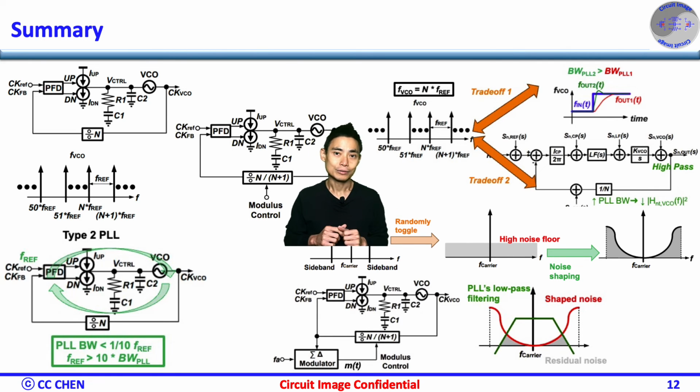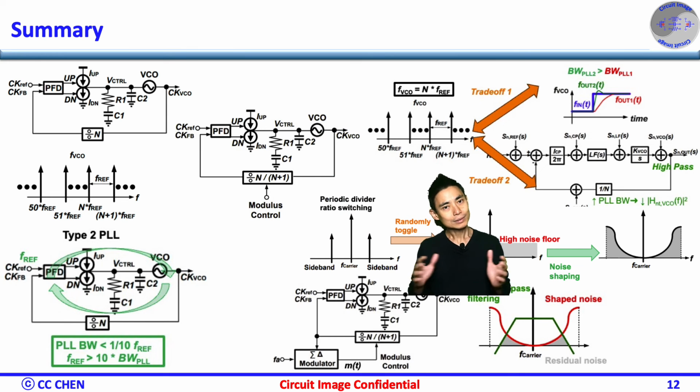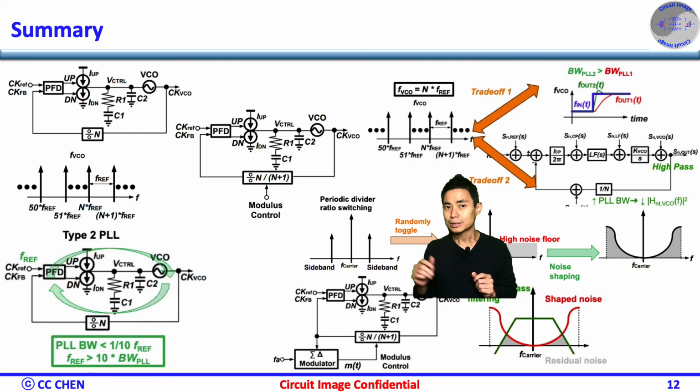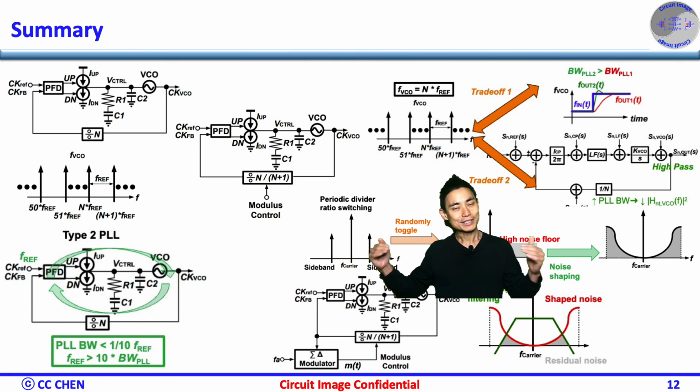As far as I know, there's no way we can implement an arbitrary fractional divider. Fortunately, having two integer divide ratios N and N plus 1 and switching between them could get the average value of the fraction, but periodically toggling the divide ratio between N and N plus 1 generates sidebands, even though we could toggle randomly to convert sidebands to noise.